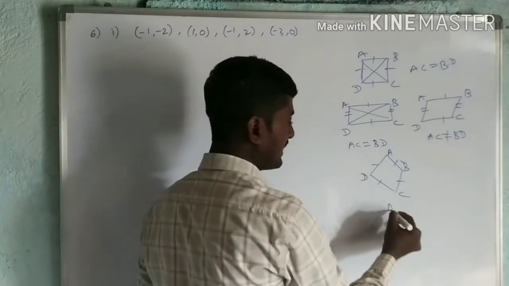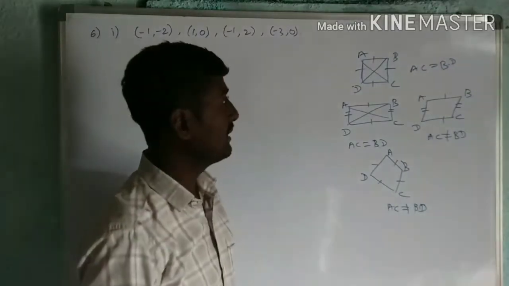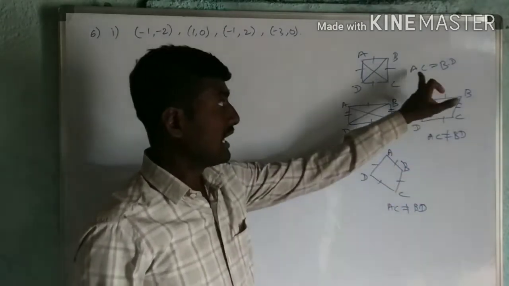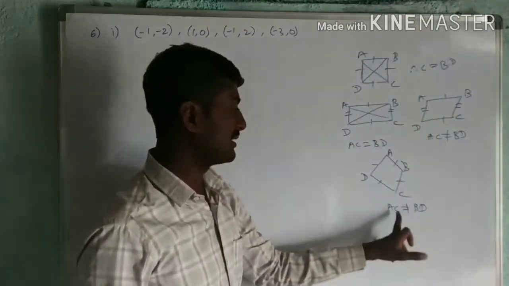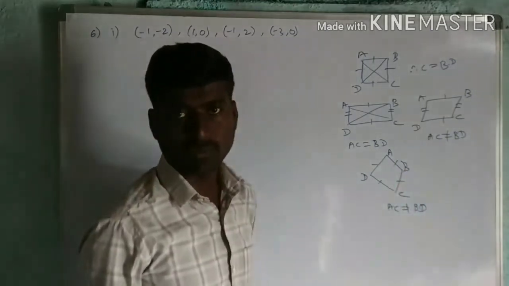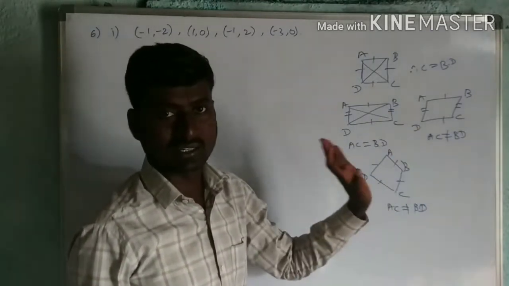But here AC is not equal to BD. If all four sides are equal and the diagonals AC equals BD, then it must be a square. If the diagonals AC is not equal to BD, then I can say that it must be a rhombus. Okay. You should remember the properties of quadrilaterals.